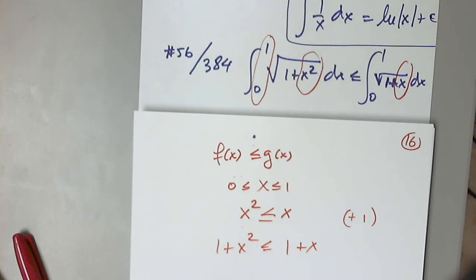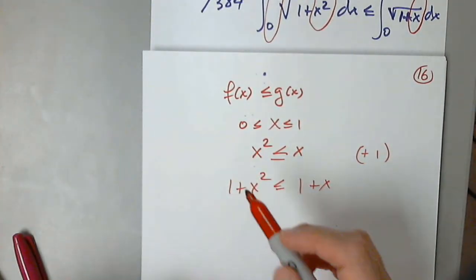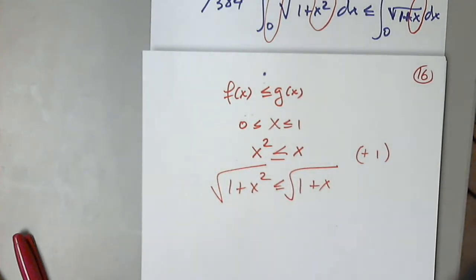But since these are positive quantities, if I have 2 less than or equal to 3, the square root of 2 will be less than or equal to the square root of 3, only because they're positive numbers. So I can apply the square root to both sides, and the same relationship stays.